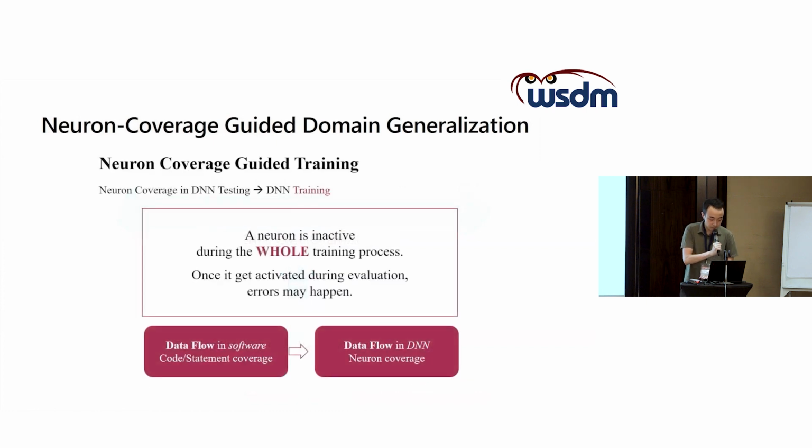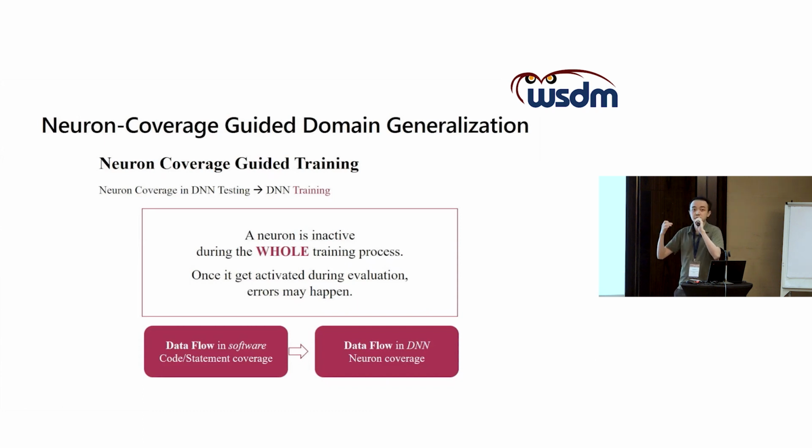So what we are going to do here is propose neuron coverage guided training. Instead of testing, we want to propose this for training. One interesting thing about neuron coverage is that during testing, we want to make sure to examine whether a neuron has been activated or not.